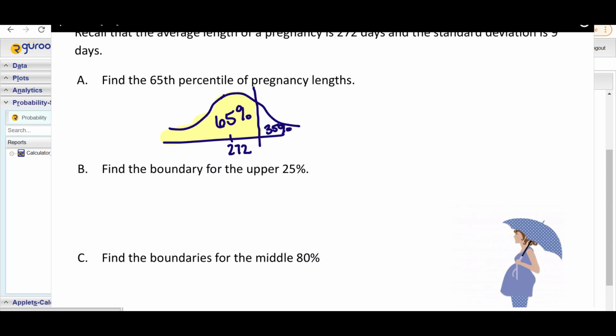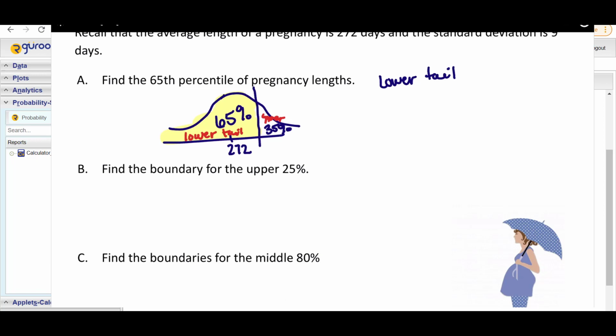All right, so we're going to do a lower tail because this here, that's the lower tail. This is the upper right there. That's the upper on the right, the lower's on the left. They gave us the lower tail when they gave us the 65th percentile as our number.